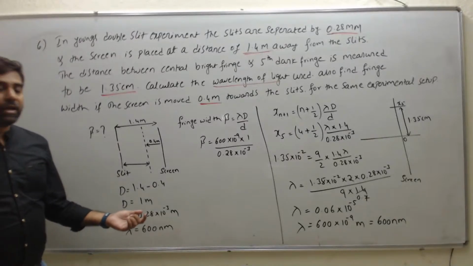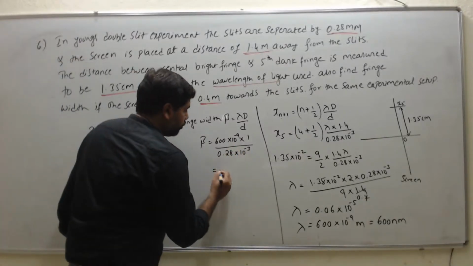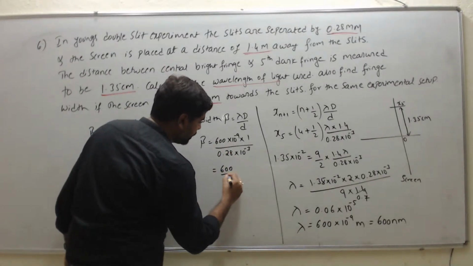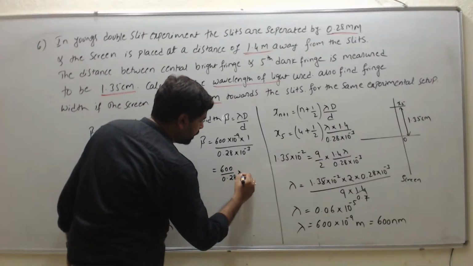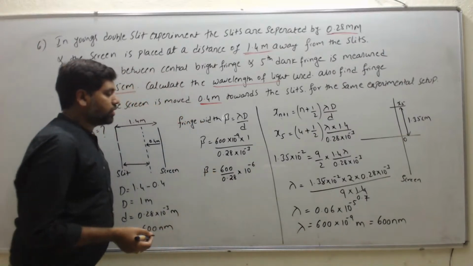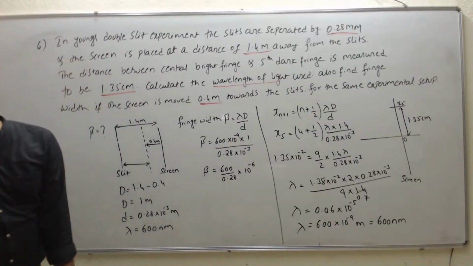That is millimeter, we have written millimeter into meter. So what happens here is 600 divided by 0.28 into 10 to the power of minus 6. So the fringe width is 600 divided by 28.